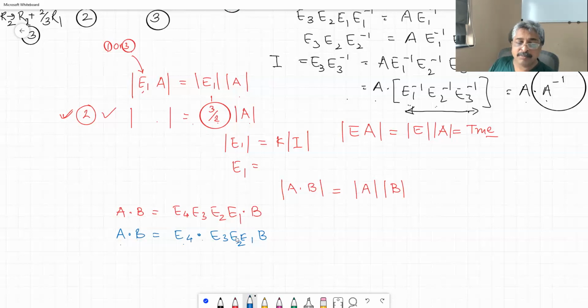But E4 times this matrix is equal to this matrix itself.